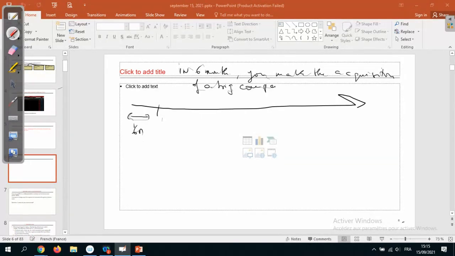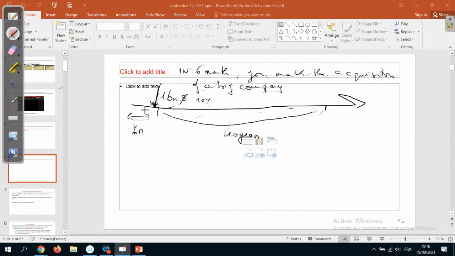Okay, in 6 months. And for buying this company, you will issue bonds. You will issue $1 billion, okay? And on a 10 years maturity. Here, you have 10 years.